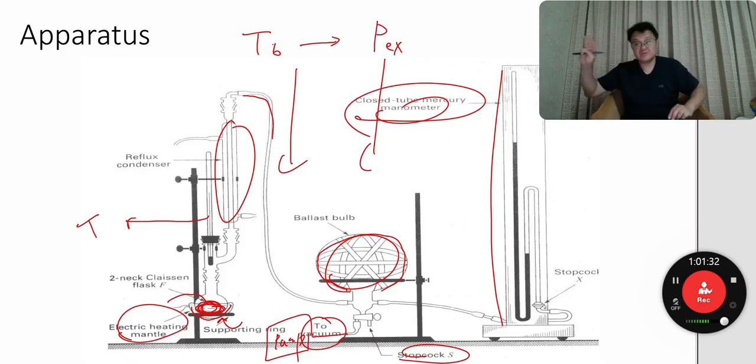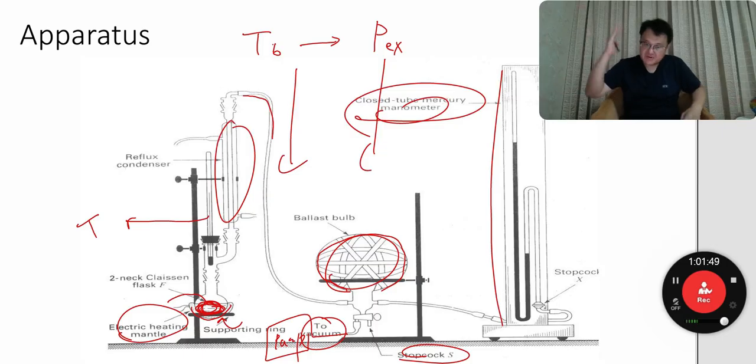So 3 different liquids. For each liquid, you change the external pressure, and then you see how the boiling point changes. Then, of course, the system is considered to be always in equilibrium.